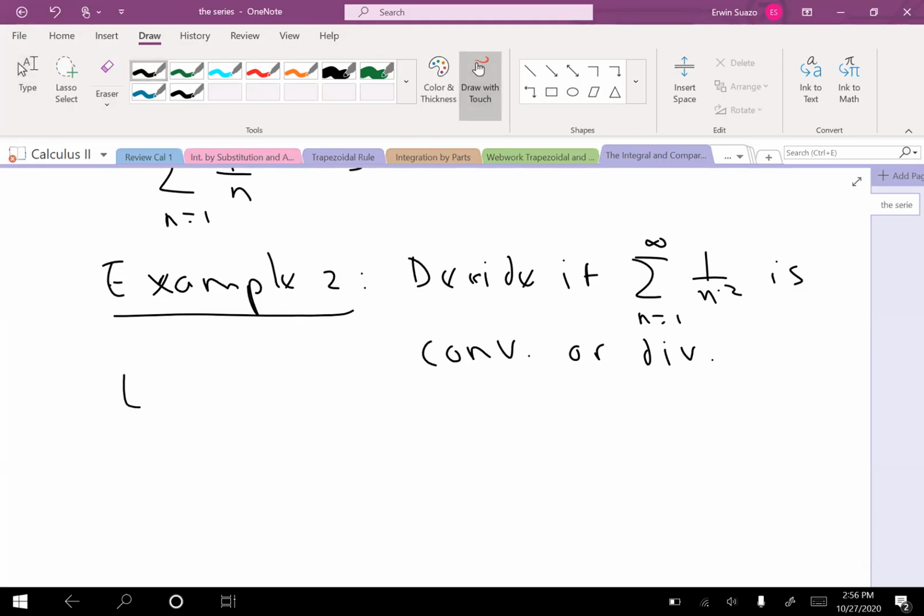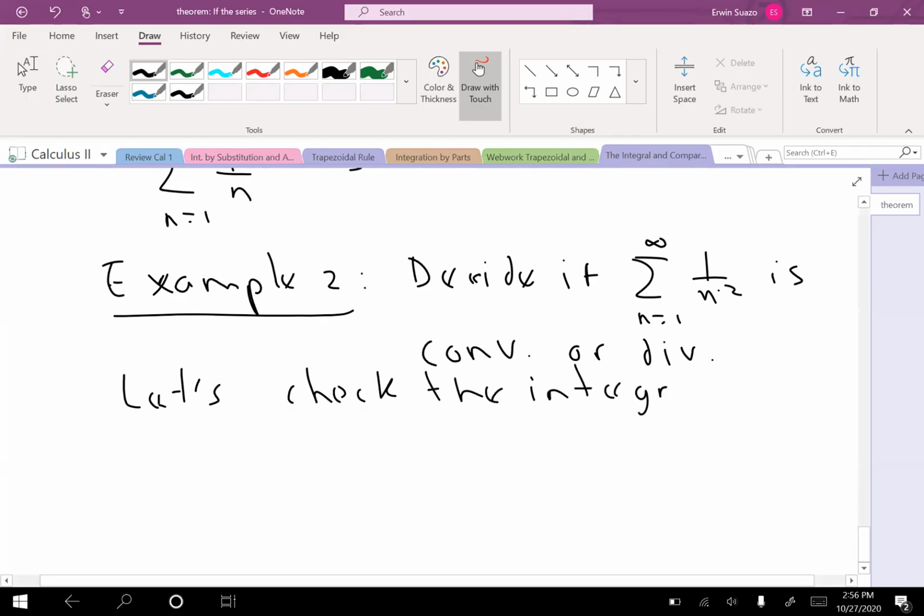I don't want you to waste time in the exam, because if you cannot find the integral, then you cannot do anything. Let's check the integral first. So what would be the function? f of x equals 1 over x squared.